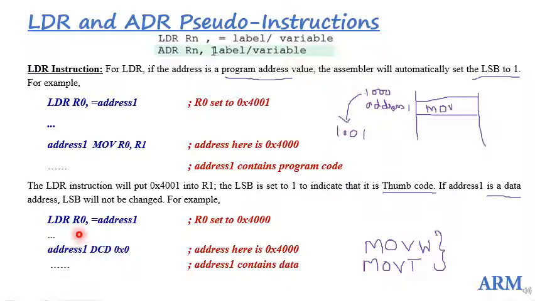In this program, address 1 is again 4000, and since it is holding data, R0 will be getting 4000 itself. So that is the difference between loading an address containing a program and containing data using the LDR pseudo instruction.